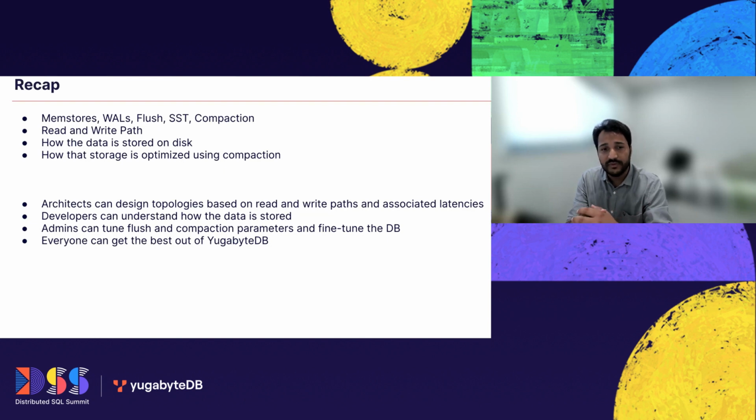Now that you know all of this information, it can be useful for architects so they can design topologies based on the read and write path by keeping in mind how the data flows. The developers can understand how the data is actually stored on the disk and can design their applications accordingly. The system admins or database admins can tune flush and compaction parameters and fine-tune the database depending on the use case. And all of us can just get the best out of Yugabyte database.